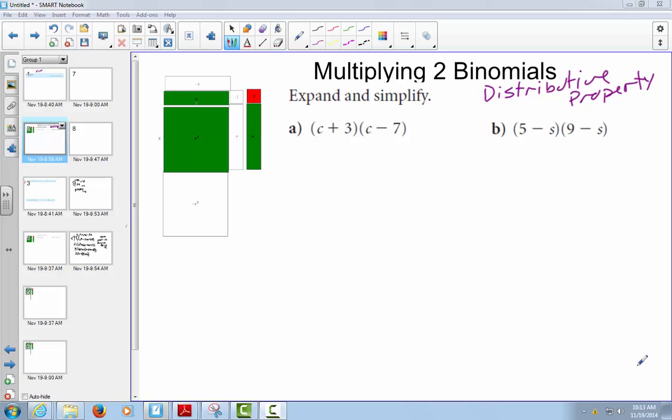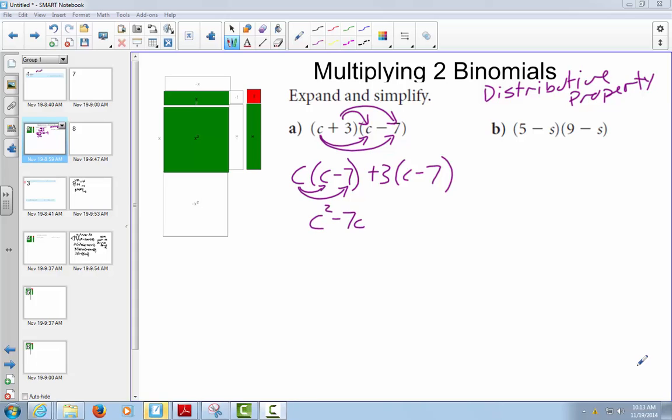So, I'm going to take the c and multiply it by c and negative 7. I'm going to write it like this. Then I'm going to take the 3 and multiply it by everything in the other set of brackets. That allows me to show the next step: c times c, c times negative 7, so I have c squared minus 7c plus 3c minus 21.